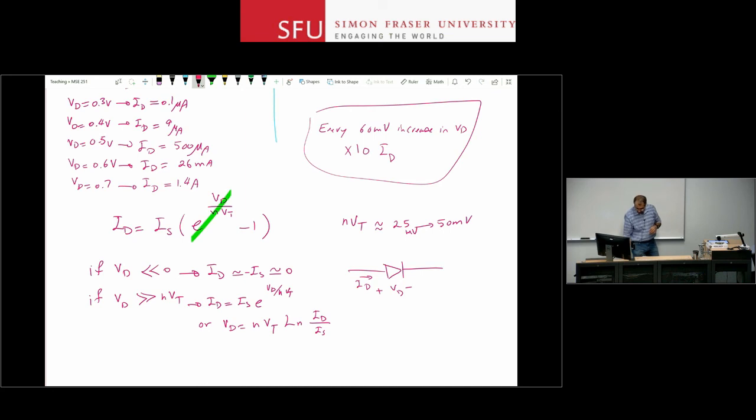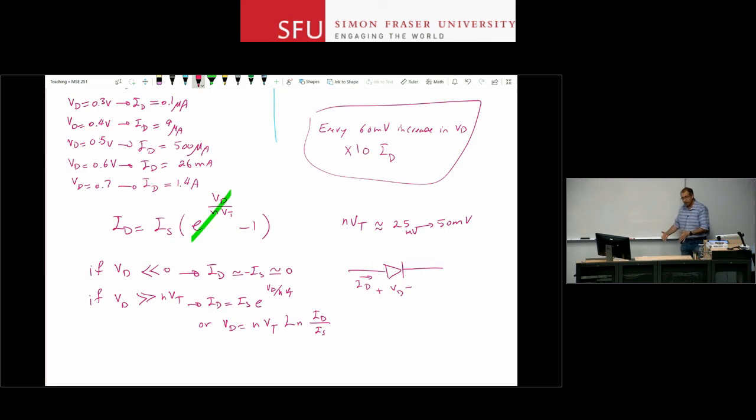These are the two operating regions for a PN junction diode that I will consider. It's either on, conducting current, forward biased, all of them are the same thing, where I can calculate the voltage drop across it through that logarithmic relationship or the exponential relationship. Or it is off, the voltage drop across it is negative, and in that case the current through it is practically zero.